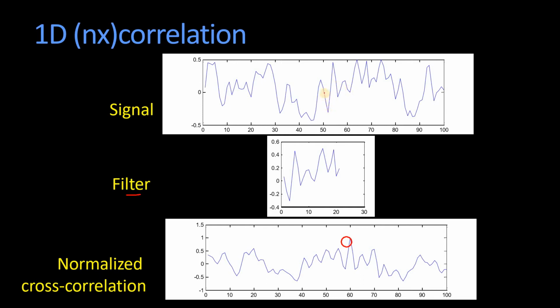It starts, I think, over here. Then there is a small peak, and then there are two high peaks. So it's a pattern from this point to this point. Okay, so this is my filter.